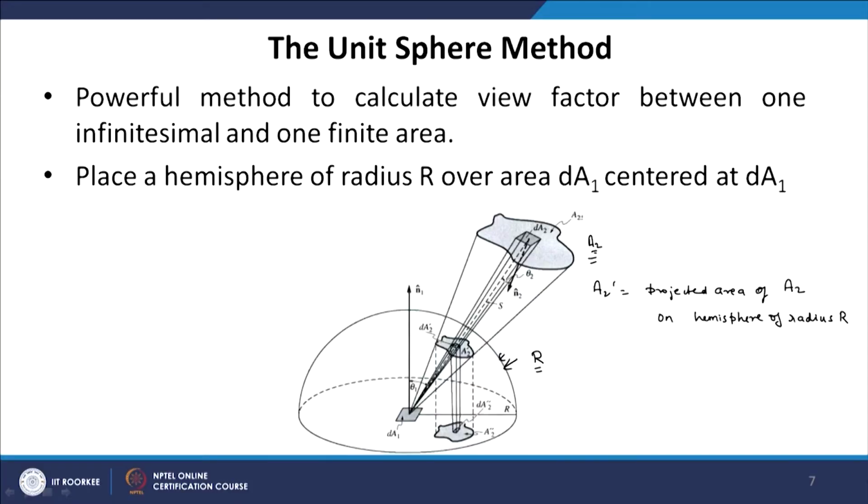Now, r can be arbitrary. The choice of r is arbitrary. We will see with the help of an example. There is no restriction on the choice of r. So, we have projected surface A2 on this sphere and A2' is the projected area. Now, in the second step, we project this A2' onto the plane of the area dA1.